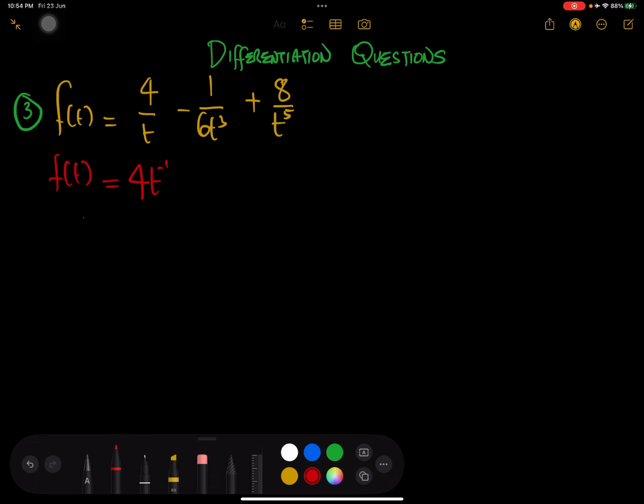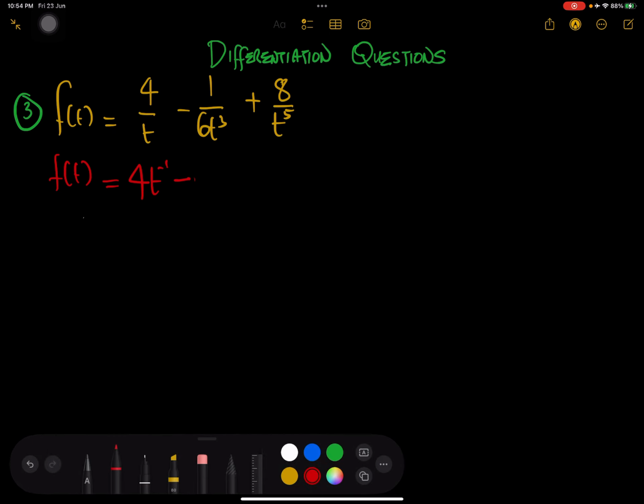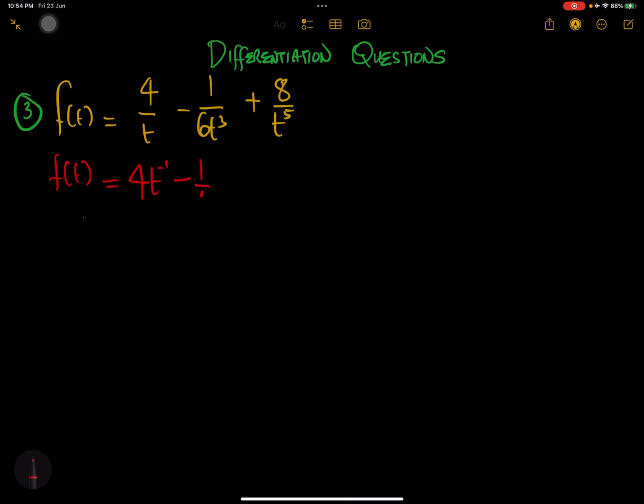Now here it's going to be minus. We're going to get 1 over 6 multiplied by t to the power negative 3. Because t to the power negative 3 is 1 over t cubed, and then it is multiplying.